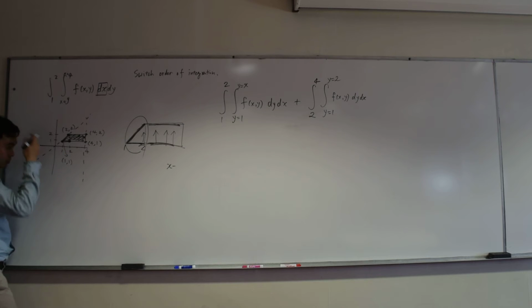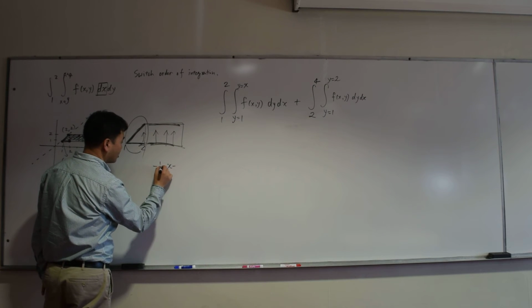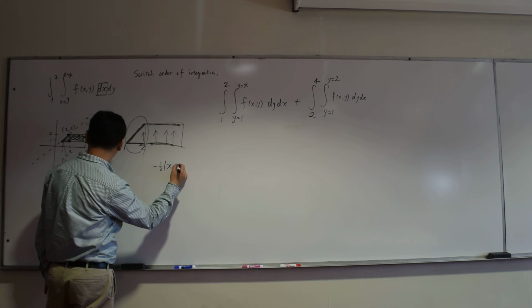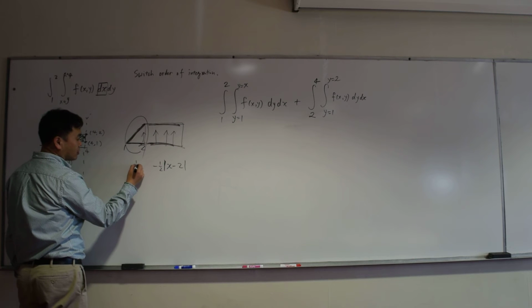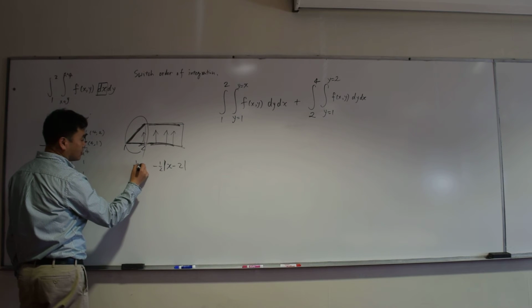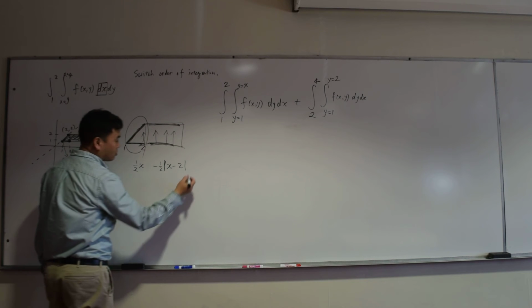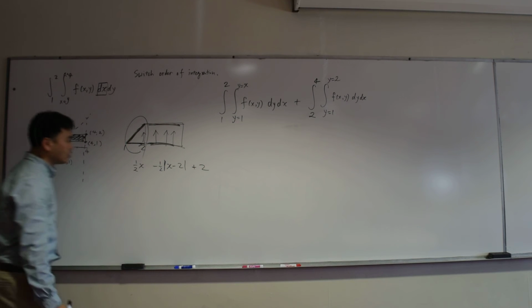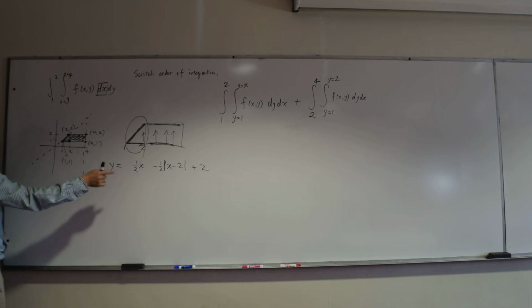Okay, so first I have this, and then if I have 1/2 x, and what do I need? If I plug in 2, that's plus 2. So if you have this function here, if you plug in 2, you get 2, right?